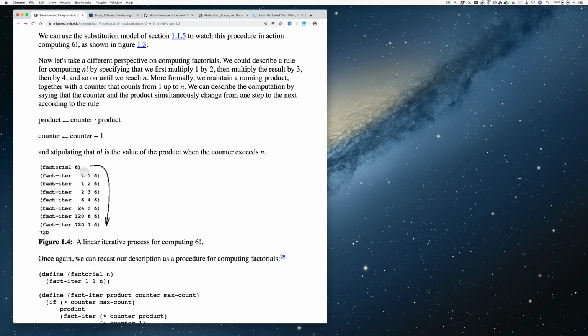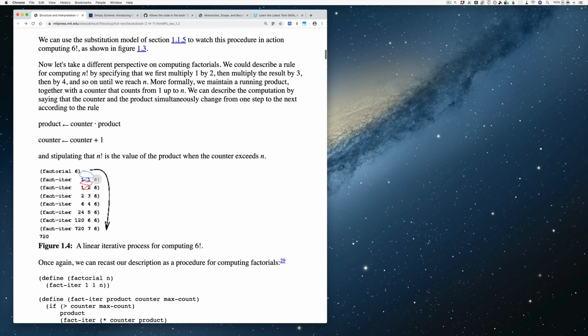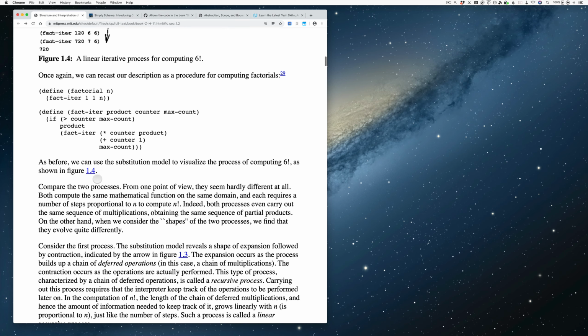And so at each step, you multiply them, and that product that you get goes to the next step, and then the counter increments, and then multiply again, and the product you get goes to the next step, and the counter increments, and so on, right? So I'll get rid of that. Okay.